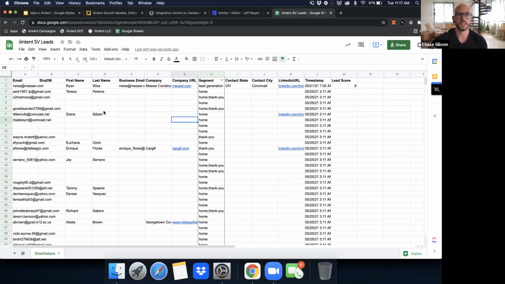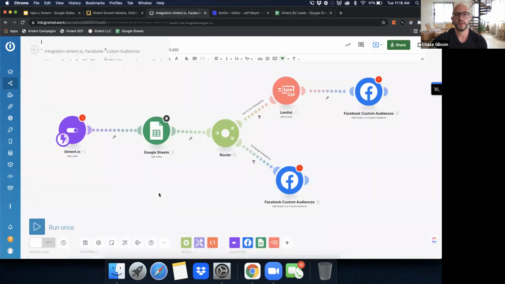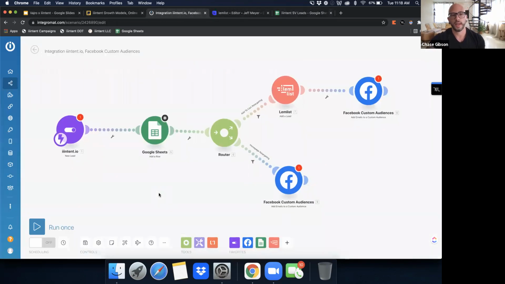And obviously you own this data forever, so you're not limited by time or what you can actually do with it. And then just going into the email stuff a little bit more, we have an integration with Integromat and Zapier. So once you install the pixel on your site, you can set it up to, as you saw here, automatically push into Google Sheet.